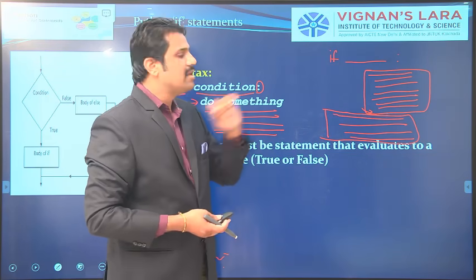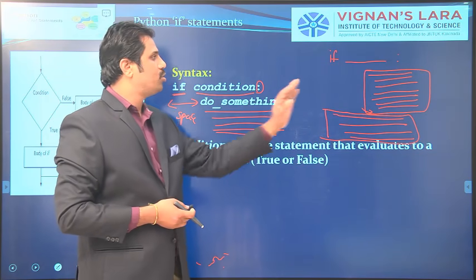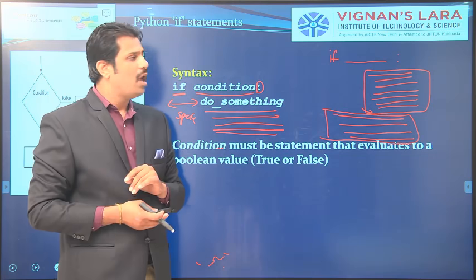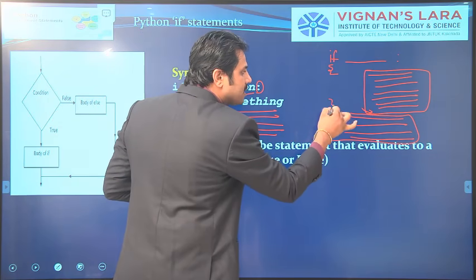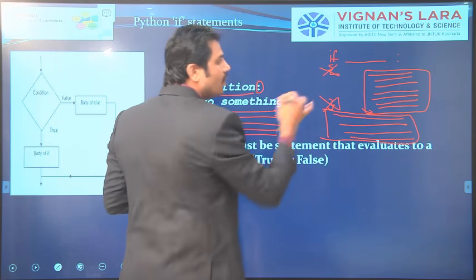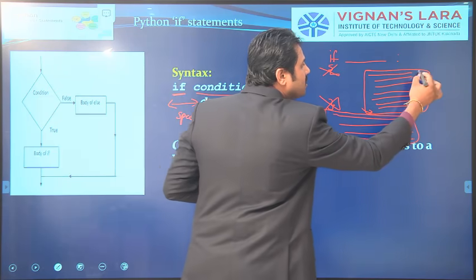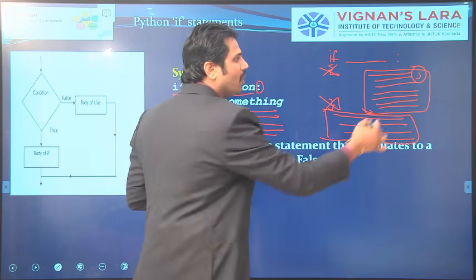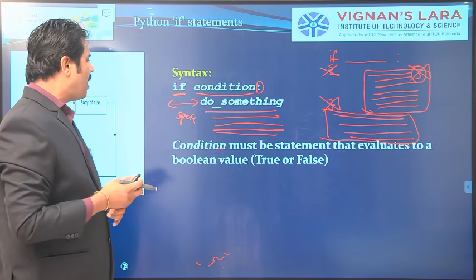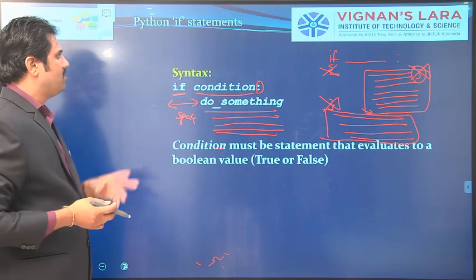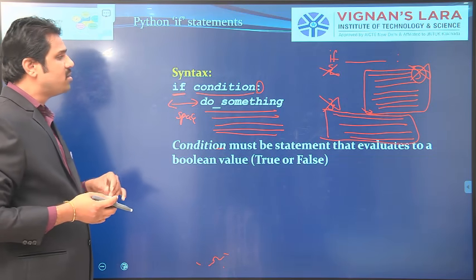So this is the difference we have to observe. Clear? So no need to write curly braces and no need to write semicolon here. No need of these two things. Keep it in mind. Okay? So this is the simple if statement.